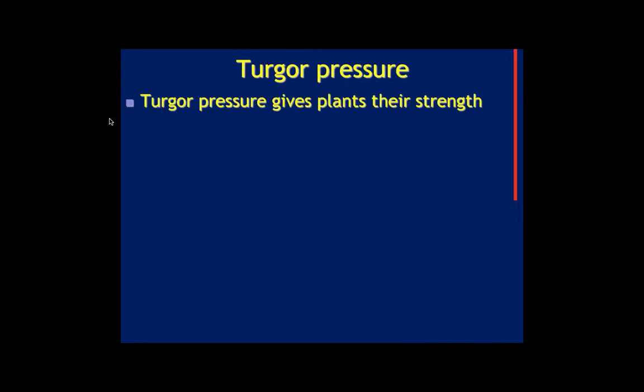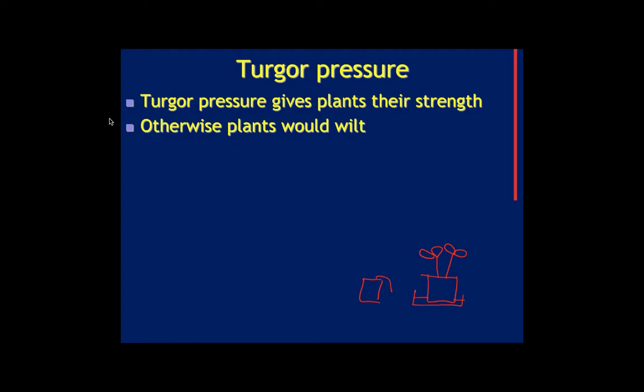Turgid pressure is really, really important for certain types of plants. I have a love-hate with basil because I'm working from home. I could have my basil in the morning, water it, and my basil is beautiful and upright, and then by the time I come home later in the day, my basil has fallen over because it has lost all of its water.